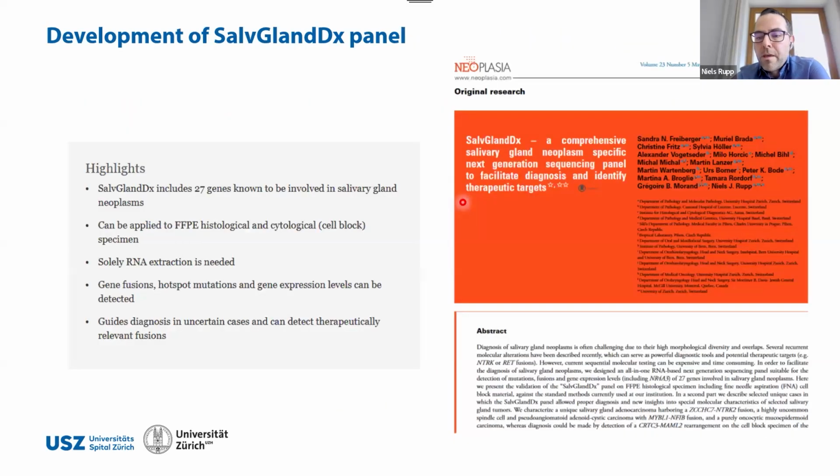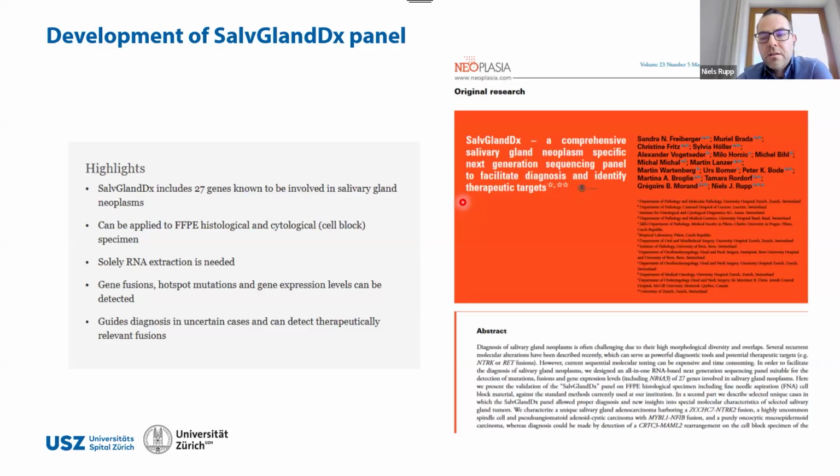So a while ago, we were struggling with these kinds of alterations because many of these weren't covered in any commercial panel, or we had to do a lot of different FISH investigations. So this was a time-consuming and also very expensive approach.